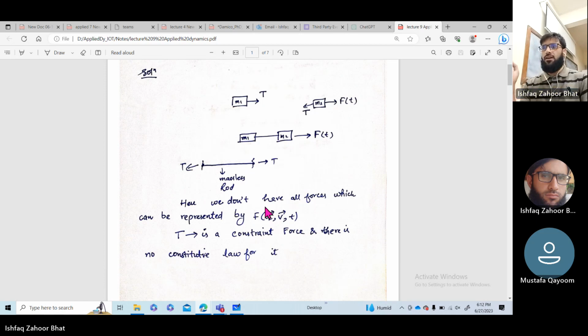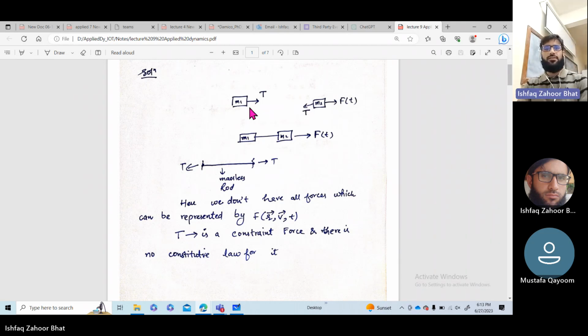We don't know this tension. You might be thinking that we will directly apply Newton's second law for M1 and M2. That is, the net external force on M1 is nothing but M1 times A1, and similarly for M2. But the thing is that we don't know what this tension force is equal to.